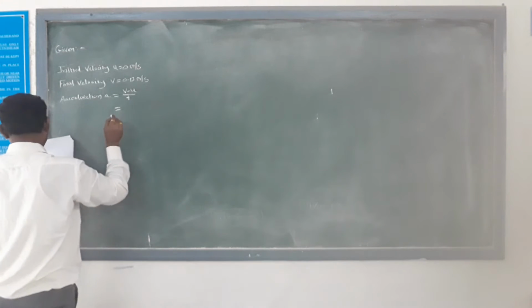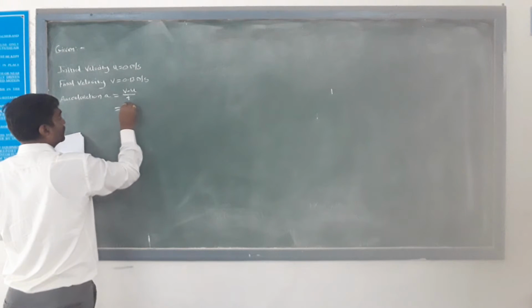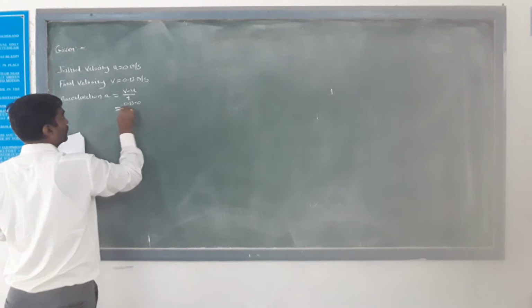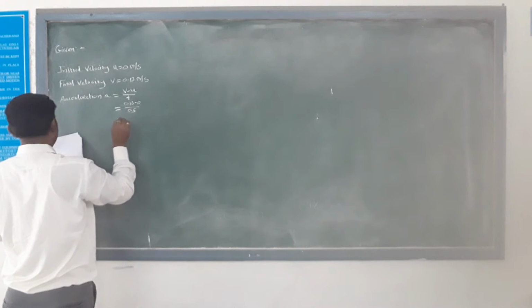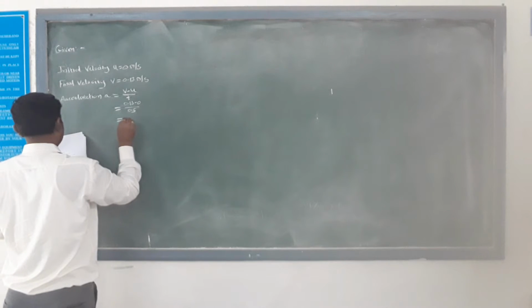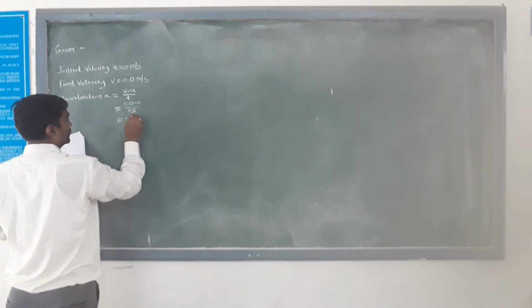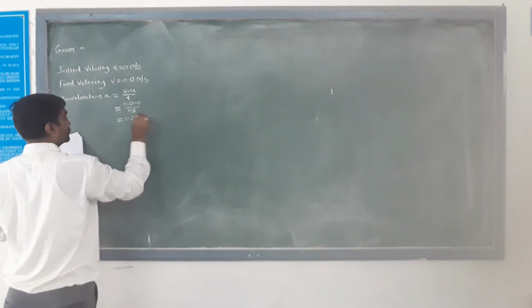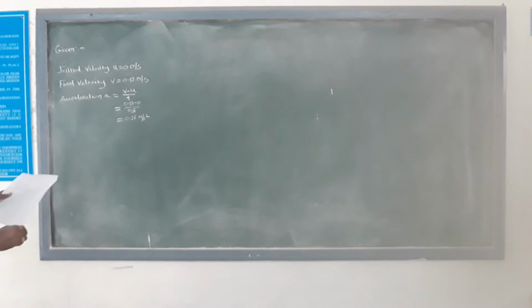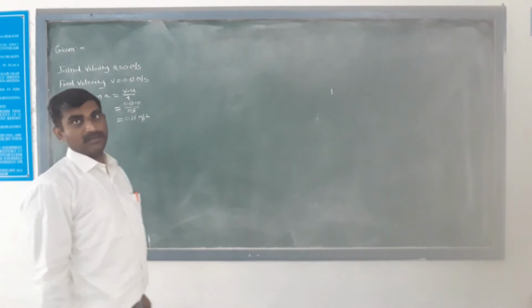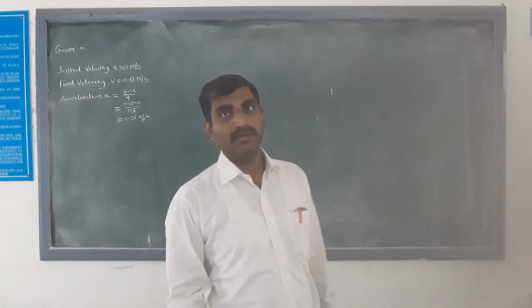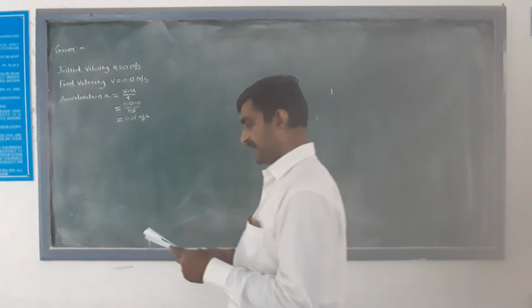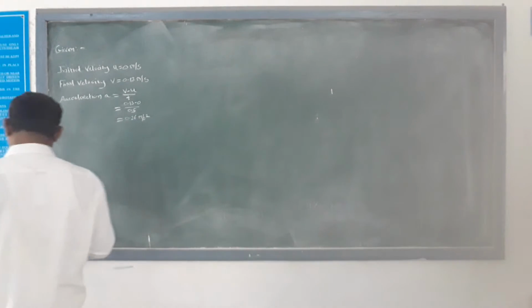So 0.13 minus 0 upon 0.5 equals 0.26 meter per second squared. This is given in our problem. So here, find out the force required to move the piston.